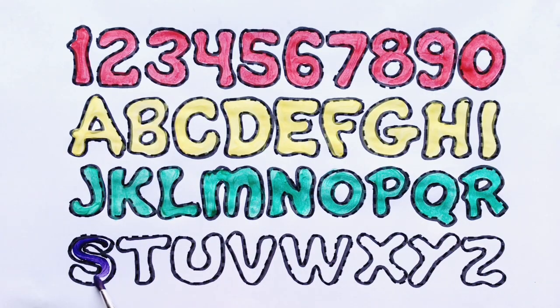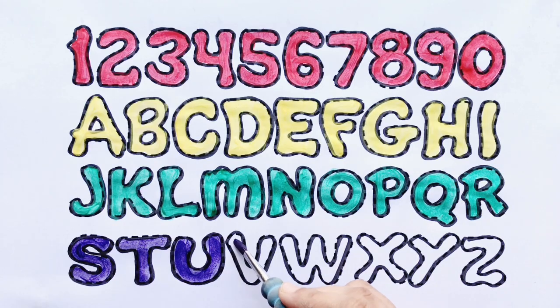Purple color. S for snail. Now I know my ABCs. Next time, won't you sing with me? T for tiger. U for unicorn. A, B, C, D, E, F, G, H, I, J, K, L, M, V for van.